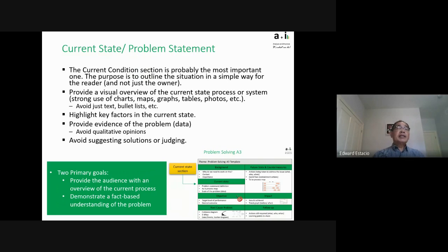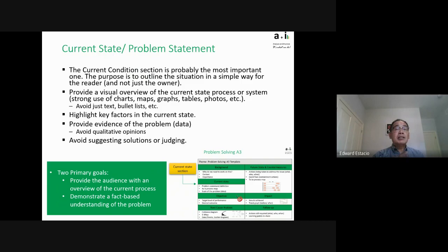So when we're writing a current statement or a problem statement, which in this case is the most important one, to quote Charles Kettering of General Motors, he said, "A problem well defined is a problem half solved." So the current condition section is where you say what the real problem is, right?